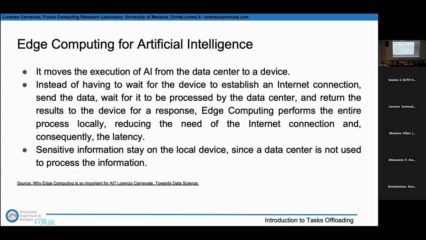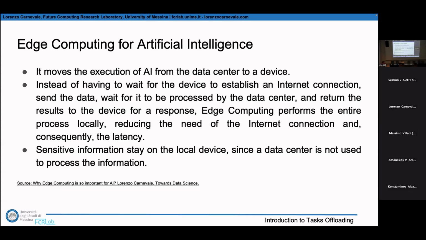What is a device? The device is, for example, a robot. The device could be a drone that is making some computation in the field. The device could also be a small computer deployed in a hospital in a rural area.